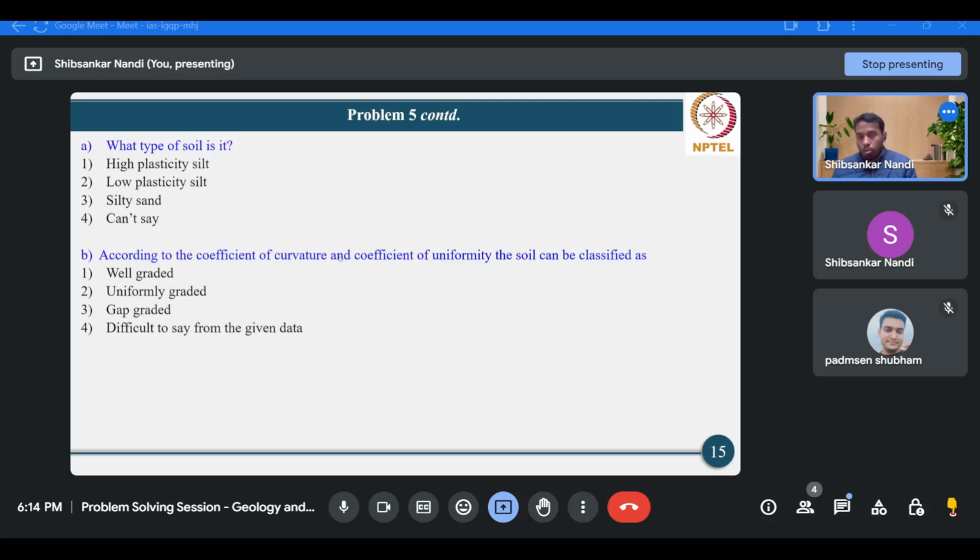So in this session, we'll restrain ourselves only to the calculation portion, and we'll answer these two questions in the upcoming session, since the classification system is not completely covered and we are still learning the different soil classification systems, and how a soil sample is classified.